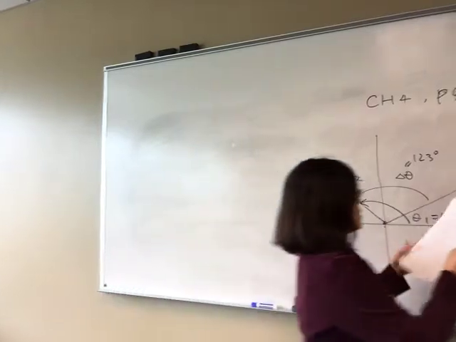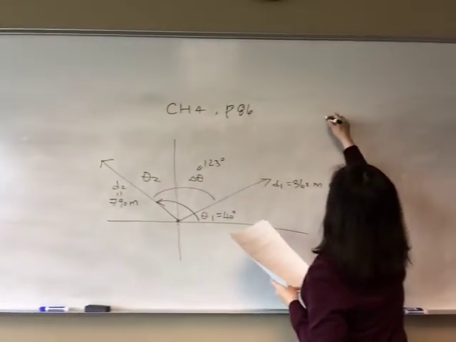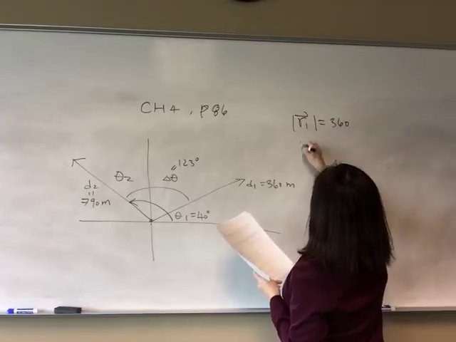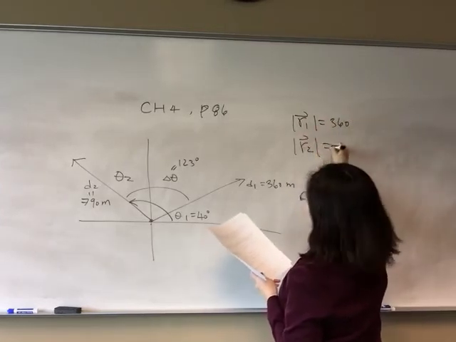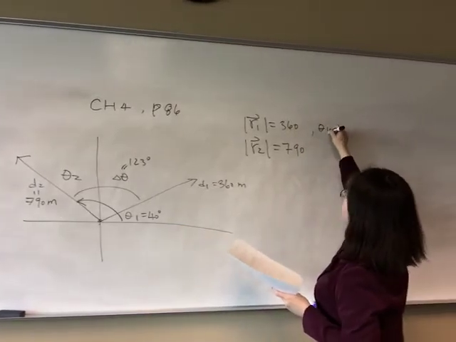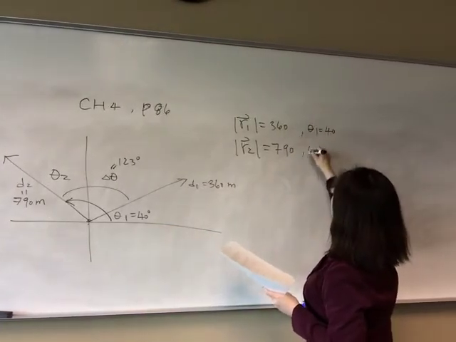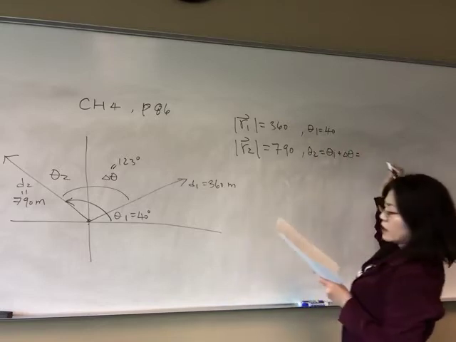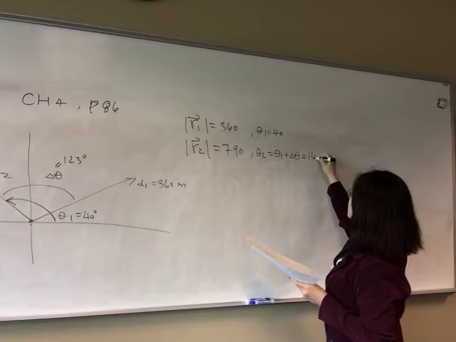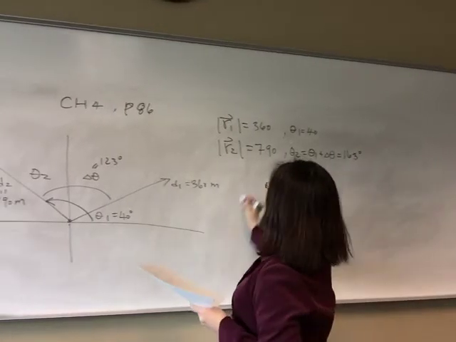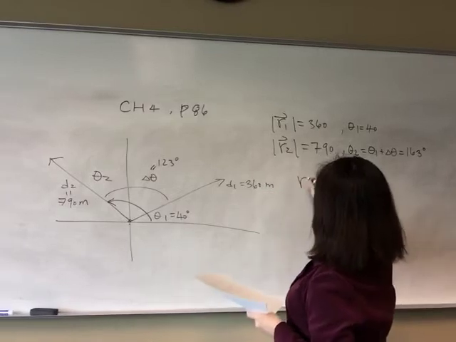So let's do that. You have your R1 that has a magnitude of 360. You have your R2 that has a magnitude of 790. The angle theta 1 is 40 degrees, and your theta 2 is theta 1 plus the angular change, which is 163 degrees. Then R1 becomes easy.